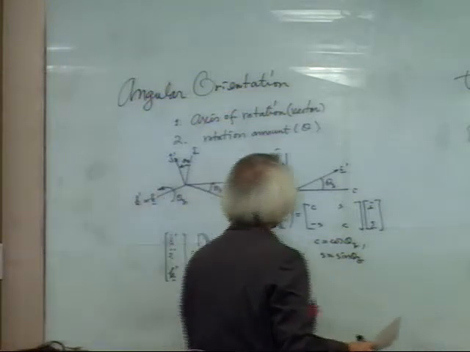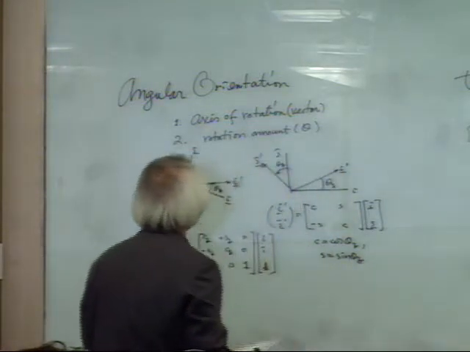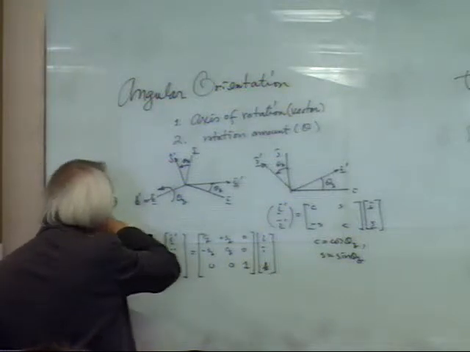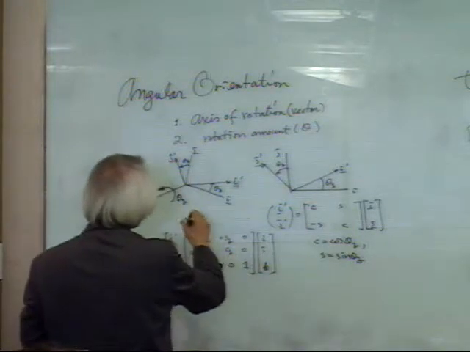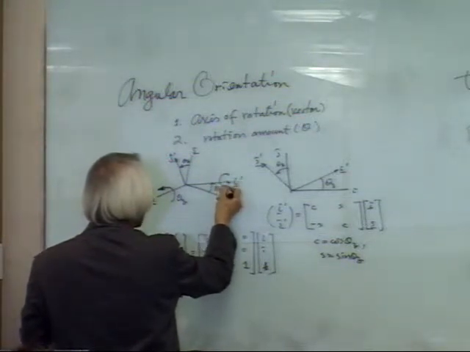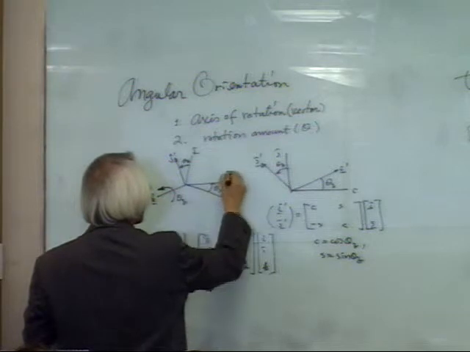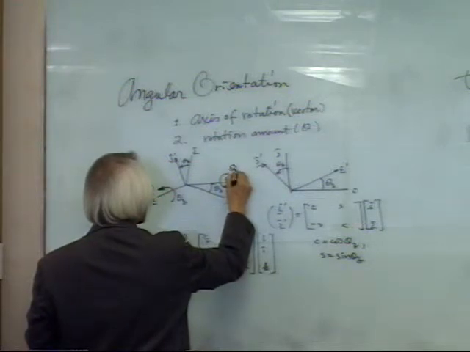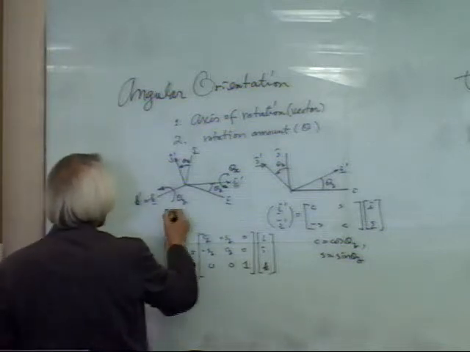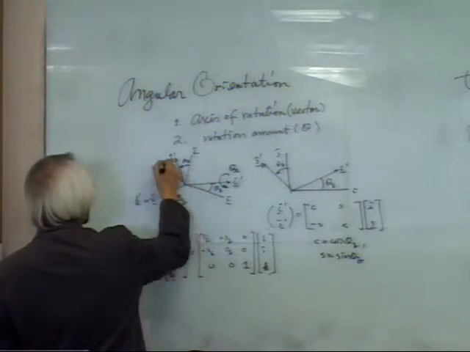So this is probably then, first we rotate K. Next what we do here is we rotate this guy, I prime. So that's theta X, or I could use theta 1. Then this guy will move.